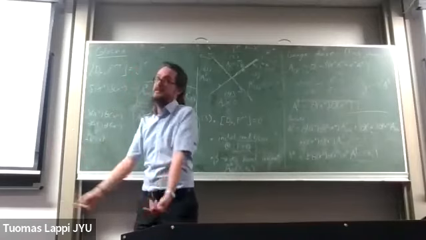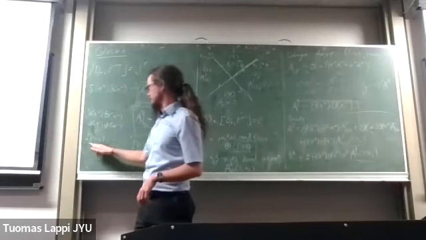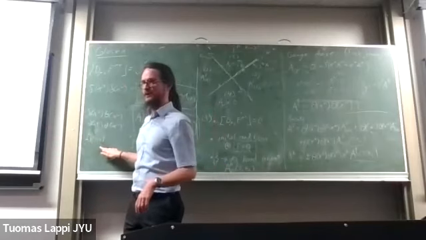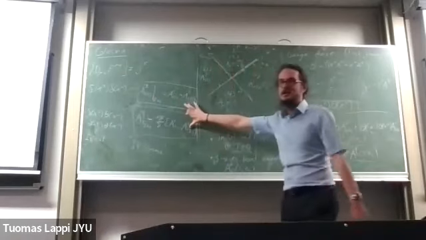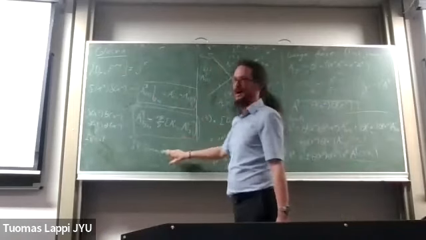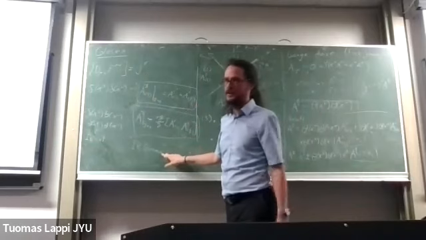They fit DIS data, total DIS data, and then taking the Wilson lines from the IPSat model and plugging them into these equations is the IP Glasma code by Björn Schenke and company.